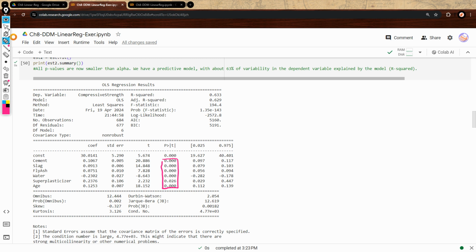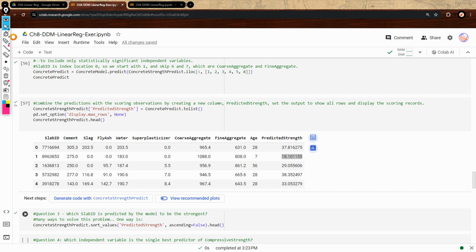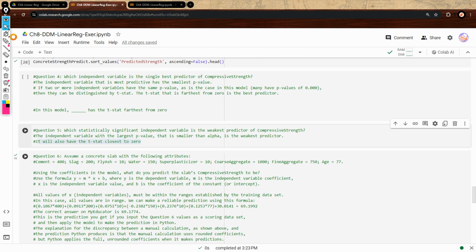Which independent variable has the greatest p-value, or the t-statistic that is close to 0? You can easily find that. Which independent variable is it? Okay, that's problem number 5.